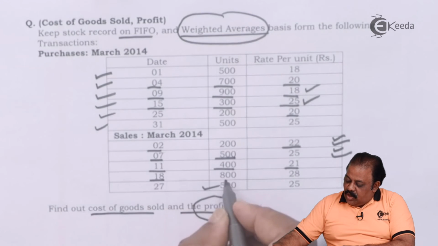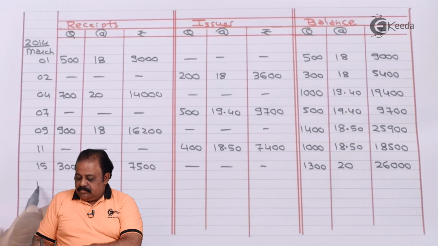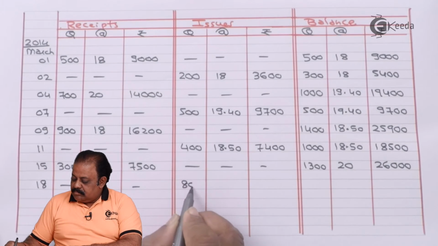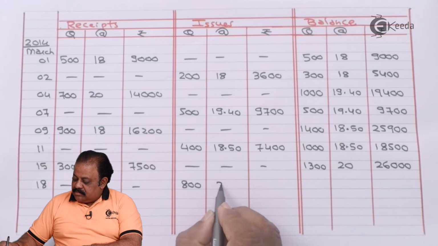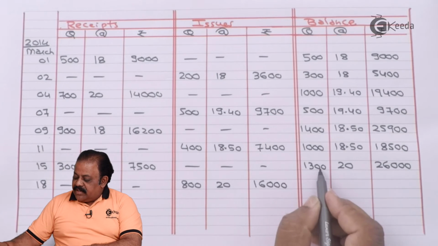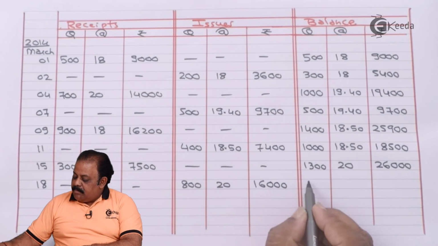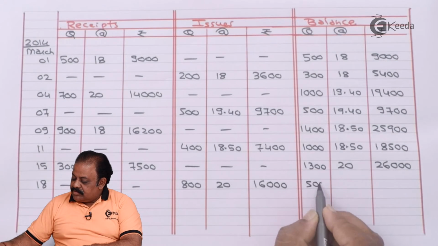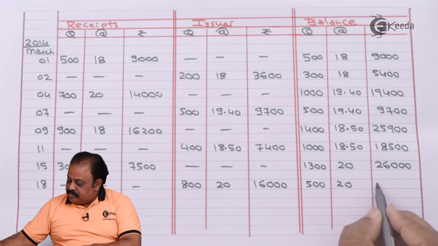On 18th there is sale of 800 units. Cost 20 rupees. So it will be 16,000. Out of 1300, 800 units are issued. Balance 500 units. Cost 20 rupees.